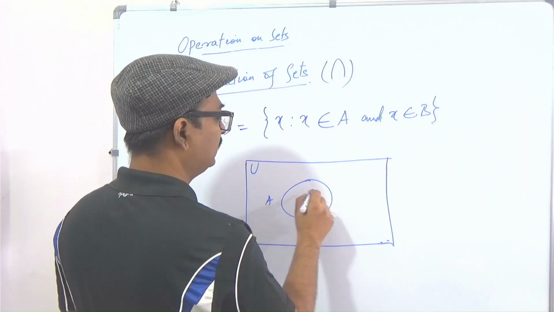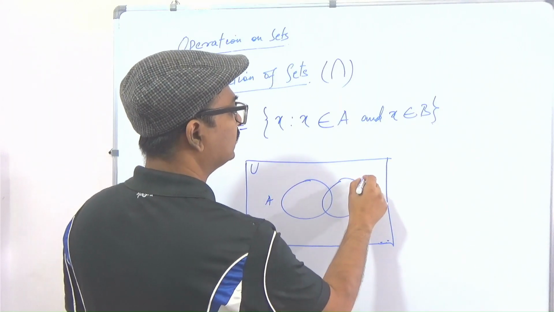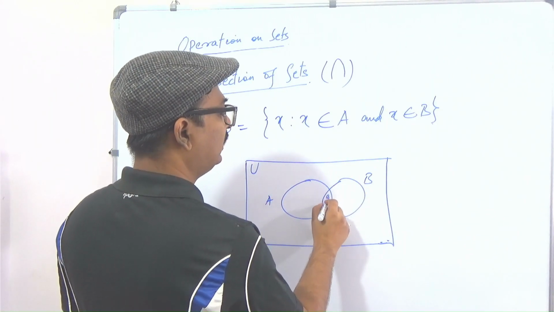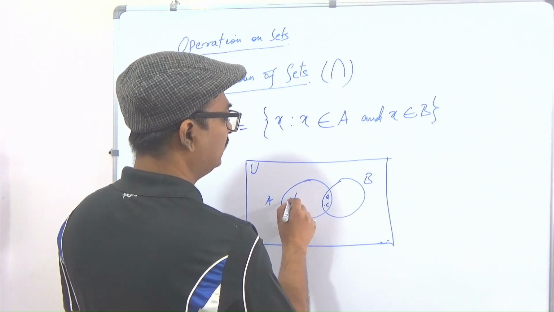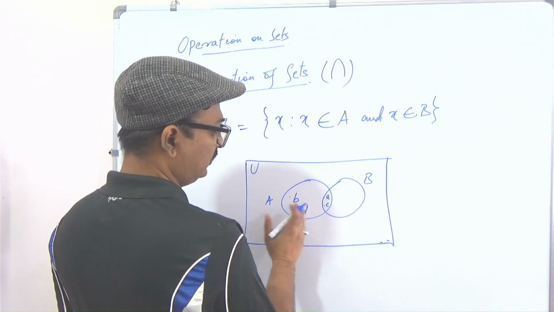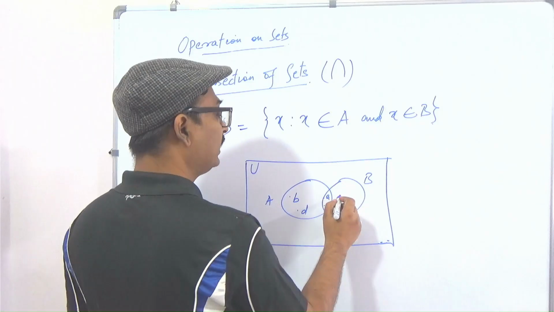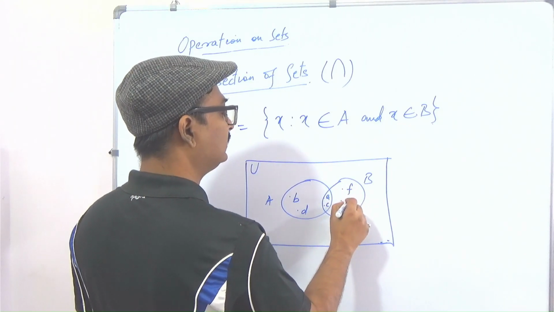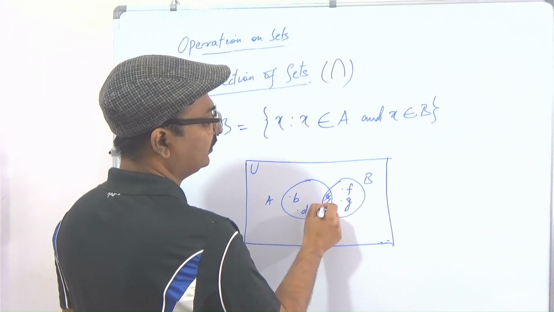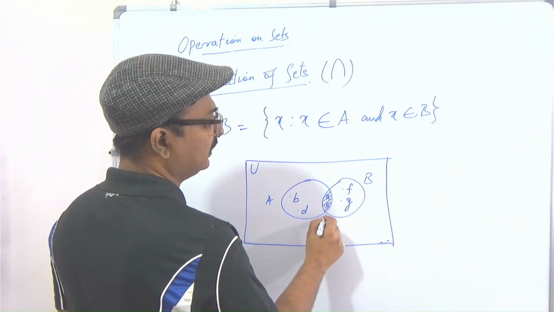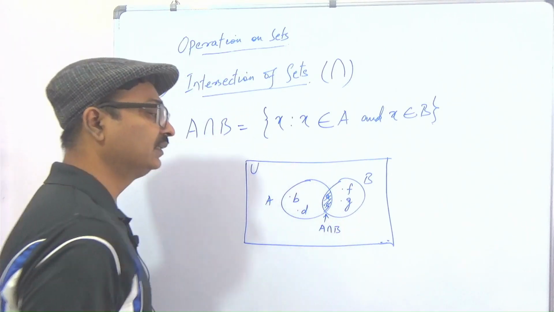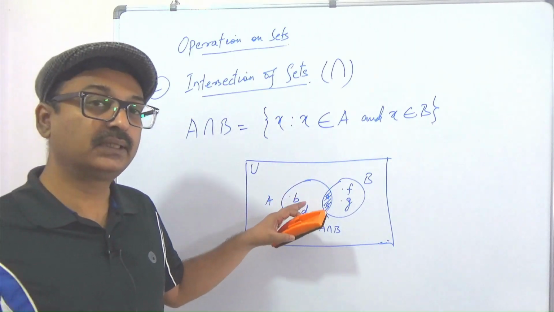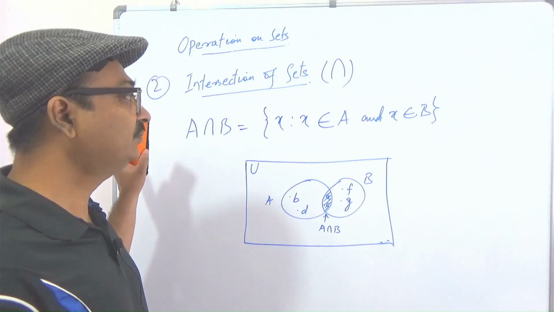This is A. This is B. a and c were common. b and d were exclusive to A, and here we had f and g. So this area, we will shade this area, and this area is the intersection, that is A intersection B. This is how we represent it on the Venn diagram. Clear?